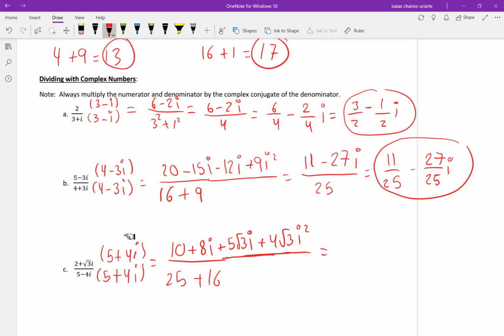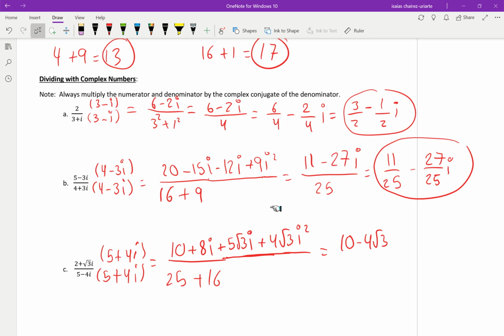And my numerator, it's going to be weird. So my numerator is this. So then look, i squared becomes minus 1. So this whole part right here becomes negative. So then I'm going to have 10 minus 4 square root of 3. That's the real part.